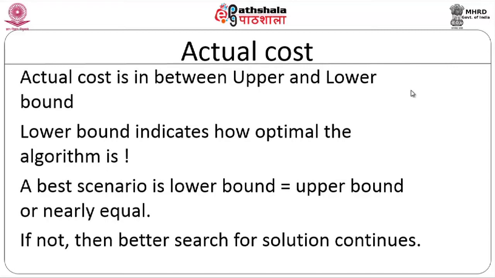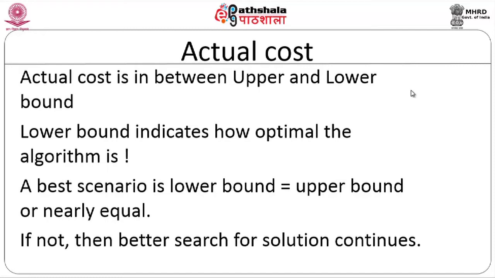What is the use of finding the lower bound and upper bound? The usage is like this: the actual cost exists between the upper and lower bound. If lower bound is equal to upper bound, then we can say that the algorithm is optimal, where there is a perfect match between the lower and upper bound.